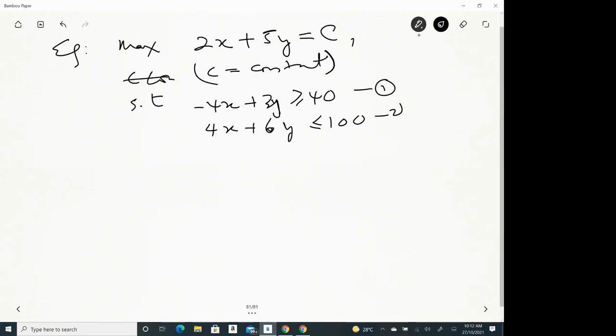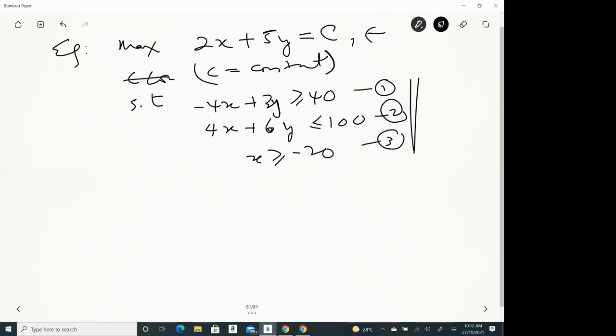And then we have x bigger or equal to negative 20, call it number 3. So that's the problem. I maximize an objective, which is a linear function, given these constraints. Okay, now, how do we do this?